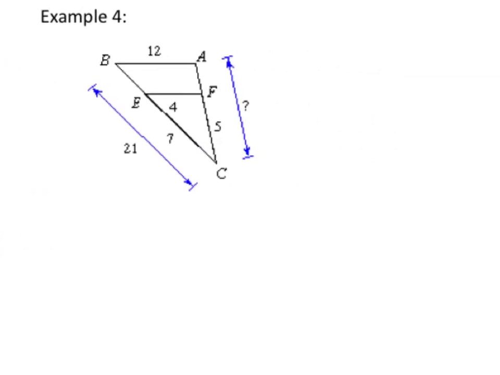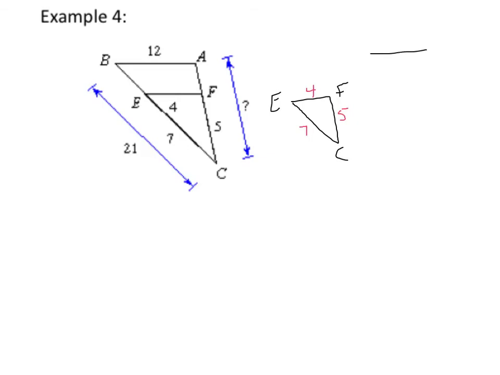In our next one, again, we notice that we have two different triangles present. We have the smaller one, E, F, and C, with side lengths 7, 5, and 4.